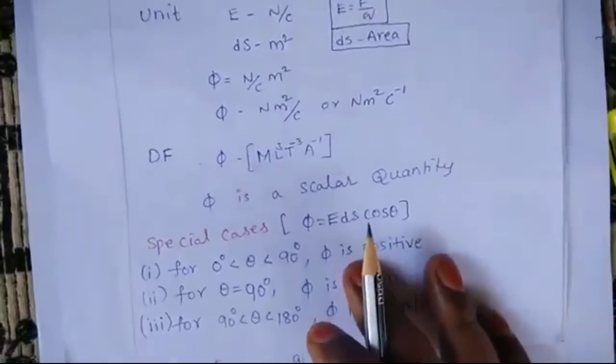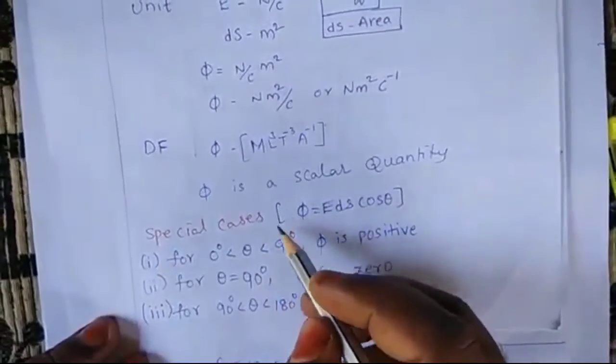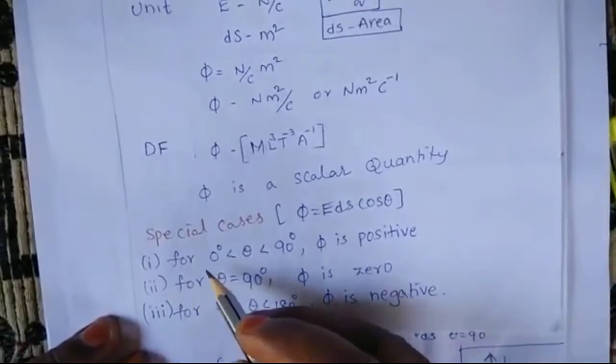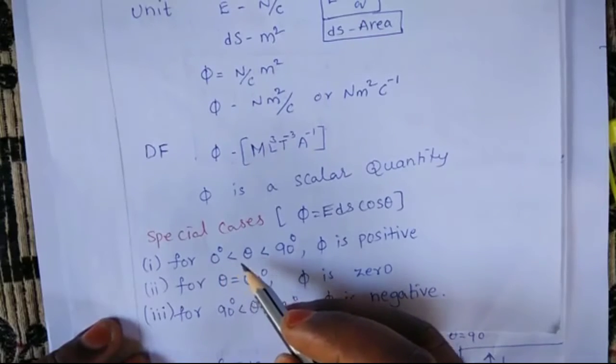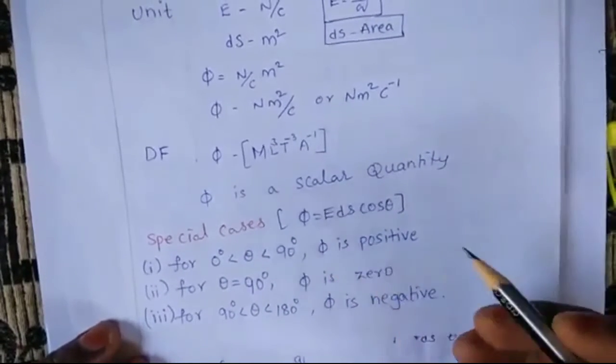Next, special cases based on the electric flux. First case, for angle 0 degrees less than theta less than 90 degrees, phi is positive.